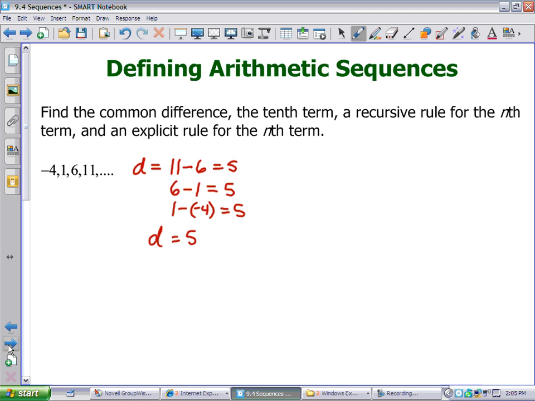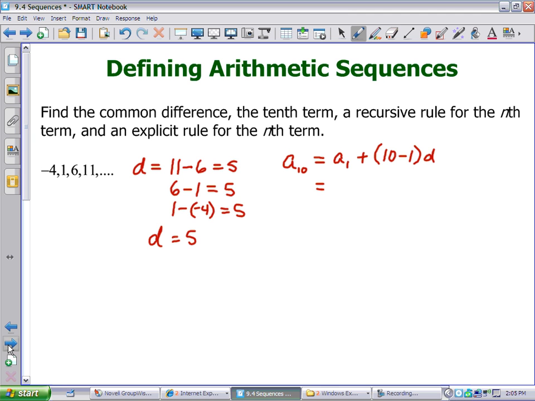Then it wants us to find the 10th term, so they want us to find a sub 10. I'm going to use the explicit rule, where I needed a sub 1 plus n minus 1, and n here is 10, so 10 minus 1, times D. We substitute.